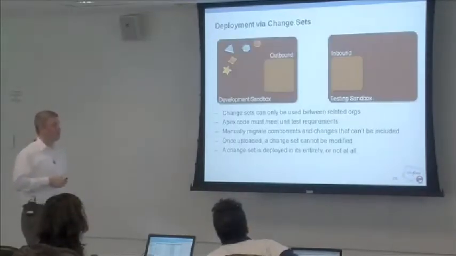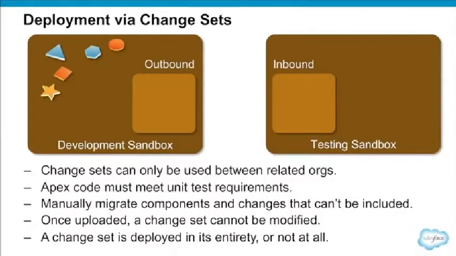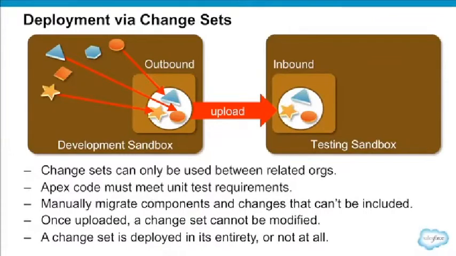All right, there's also a feature called change sets. You'll find this under the deploy area of your setup menu. What you do is create this thing called a change set in the source org. You add some metadata components to that change set. You then upload it from the source environment to the target environment.